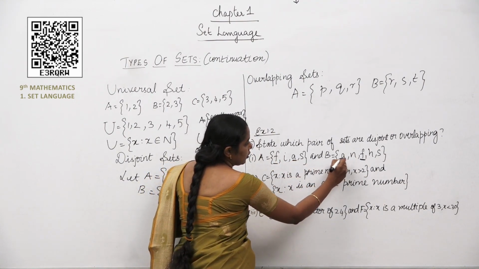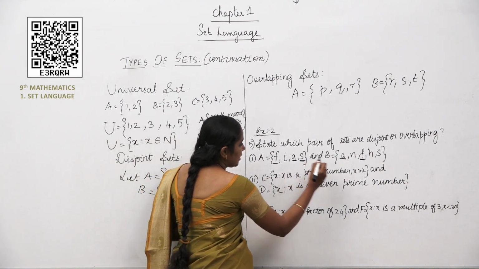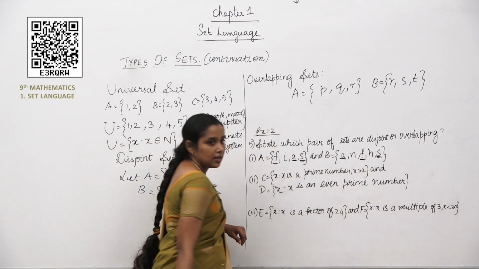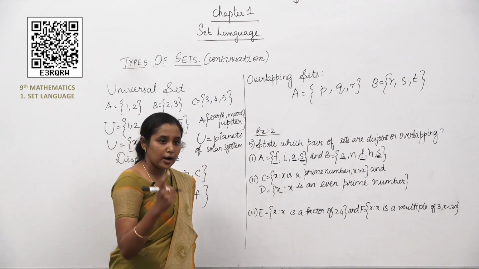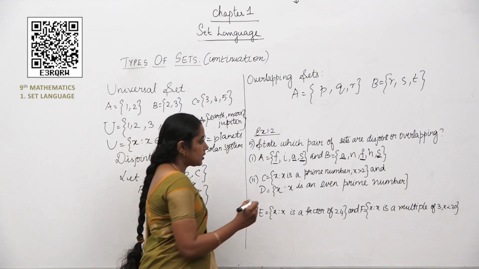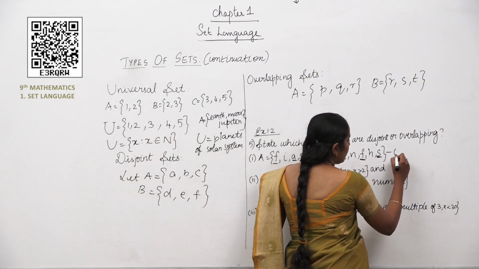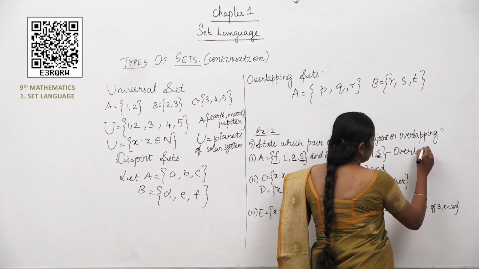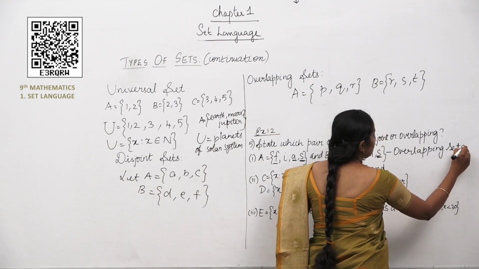A is there, here also you have A. S is in set A, here also you have S. So you have three common elements. If you have at least one, it is an overlapping set. So this is an overlapping set.